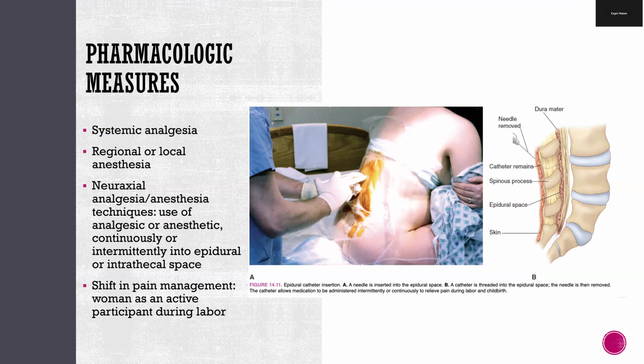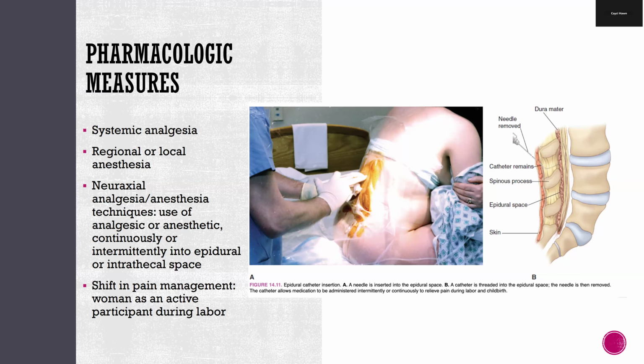So we have neuraxial analgesia, which basically is your epidural, intrathecal medication that gets placed there to relieve pain. It is said not to interfere with the progress or outcome of labor. Now, labor nurses may argue with you on that one.